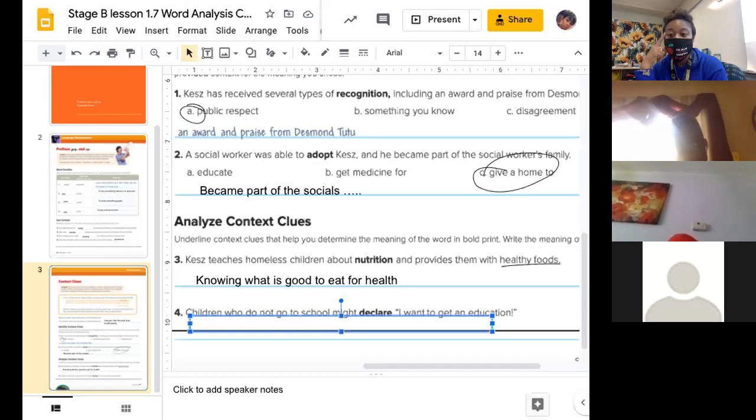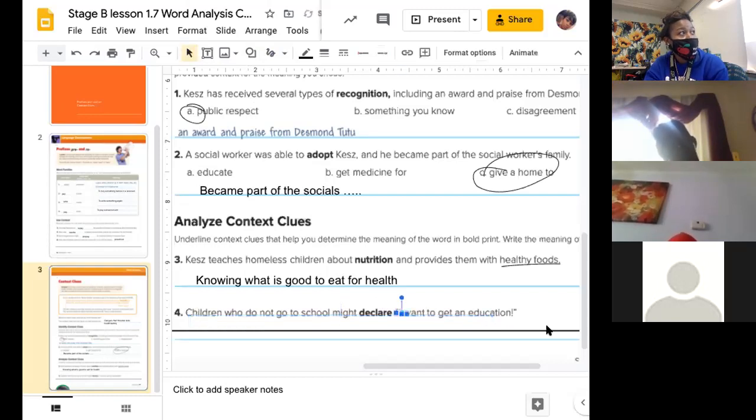Okay, so you guys have to use what you already know about things to help make connections. Based off our exclamation mark and the quotations, they're saying this. What will be the meaning of declare? So I'm going to underline the quote because that's what they're saying. And I'm going to underline the exclamation mark.